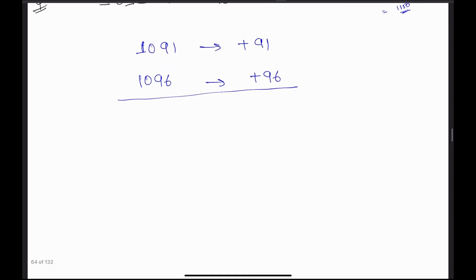Okay, 91 plus 96 is nothing but 91 plus 6 is 97, 97 plus 90 is 187, so 1187.